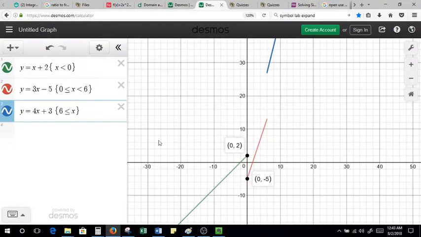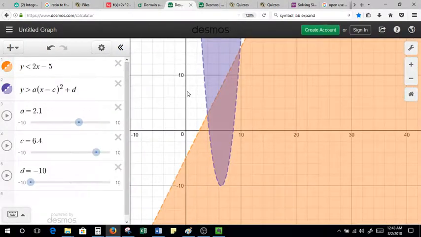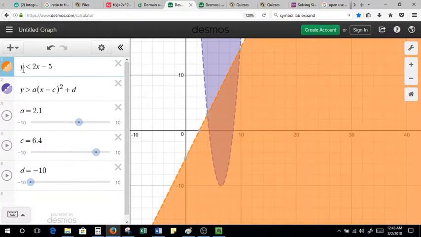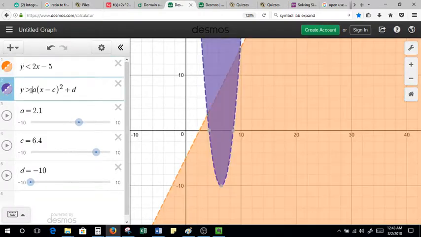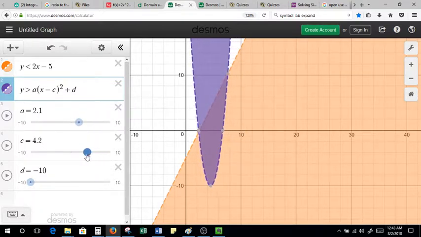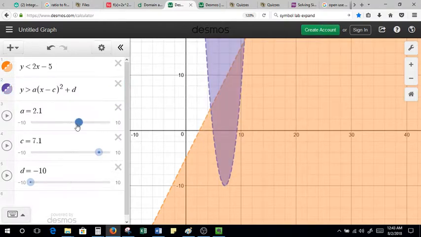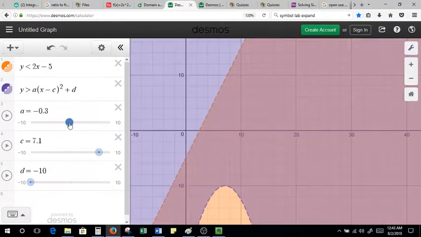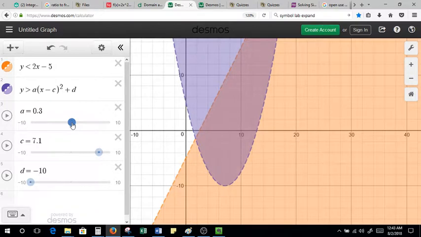So what that looks like, if we're going to have it be more dynamic, we have a quadratic in purple and a linear in pink, and for the linear it's y is less than, and for the quadratic it's y is greater than. If we play around with these values, you can see that the area where they overlap changes.